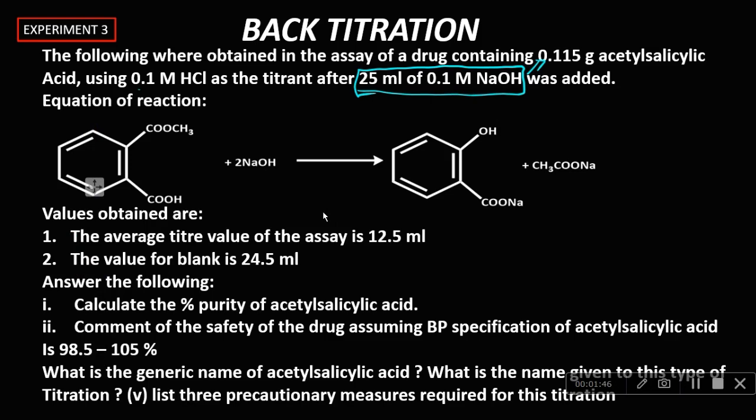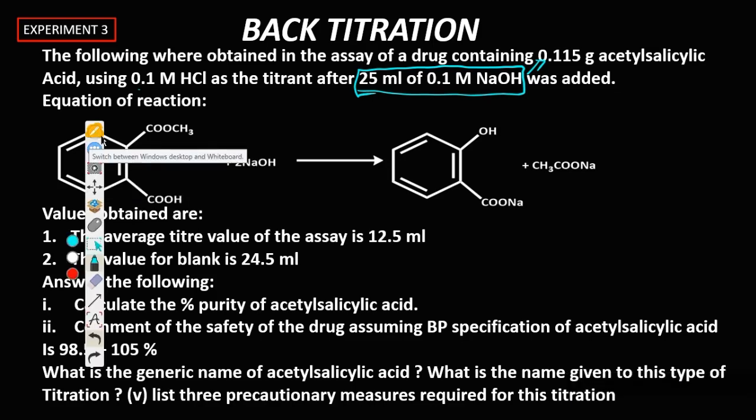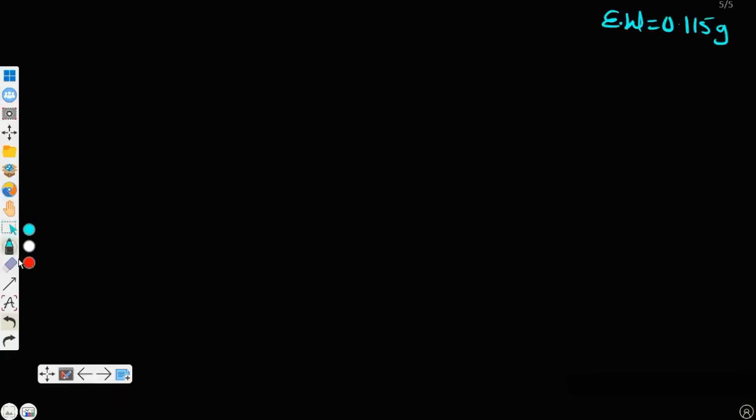Now you already have everything here. With the lectures we just did, we already know how to calculate our milli equivalent, right? So what are you expected to do in this practical? First of all, write your equation of reaction, which of course everyone knows how to do.